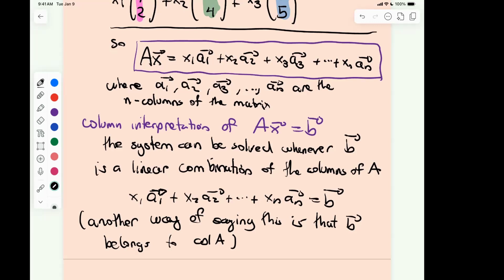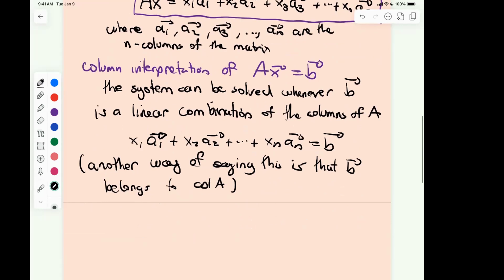Okay, so how does this connect to the stuff that we have been doing? What is the relation to what we have done before? Is this related to our optimization problems?